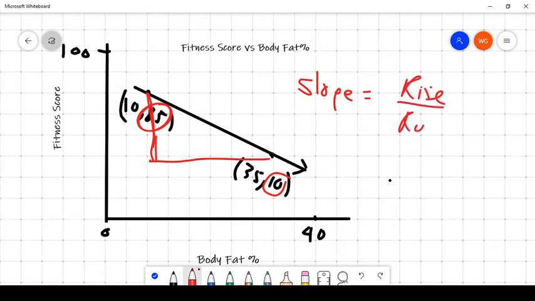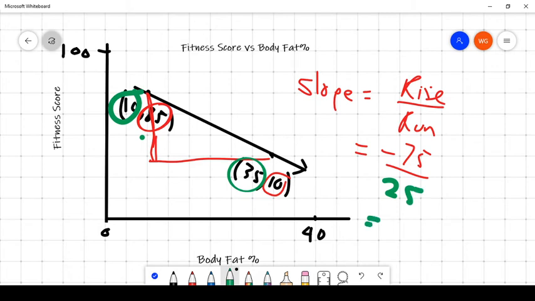And as we said, in this case, it's going from 85 down to 10. So it's going down by 75 units, right? Because 85 minus 75 is 10. And what's the run? Well, on the run, it's going from 10 over to 35. So it's going up by 25.